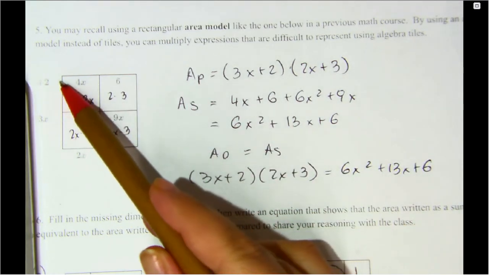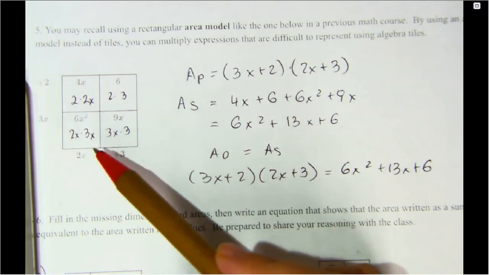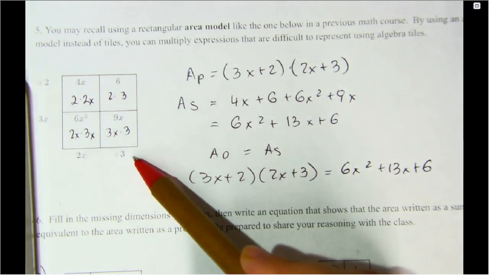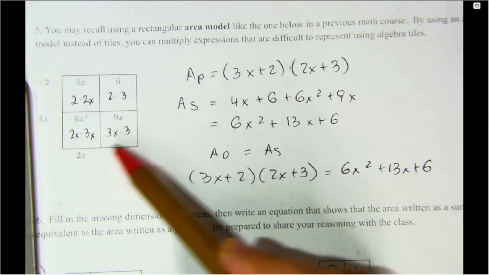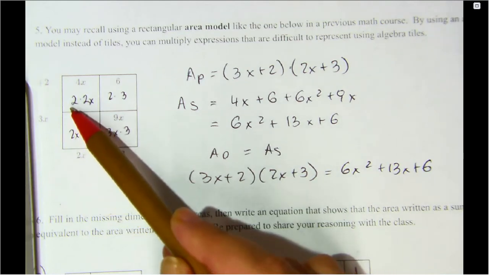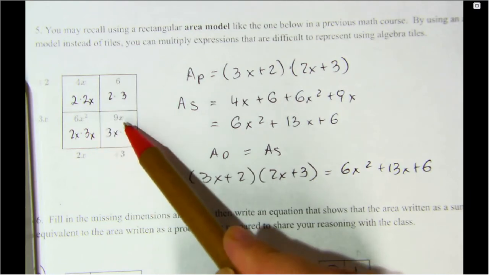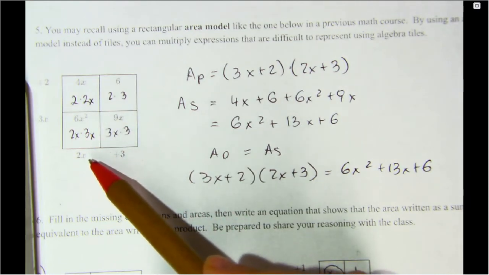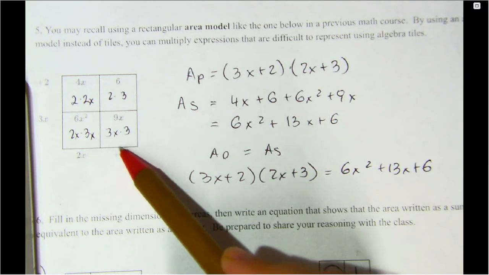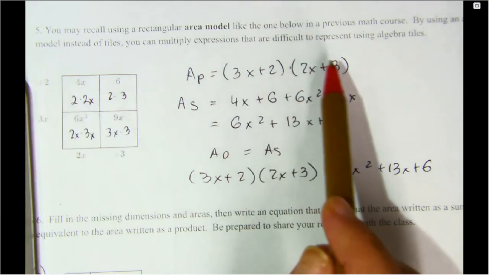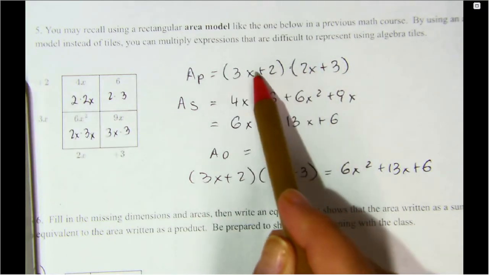They gave me the sides of the single pieces, and they gave me the insides of those. So now area as a product will be base times height.